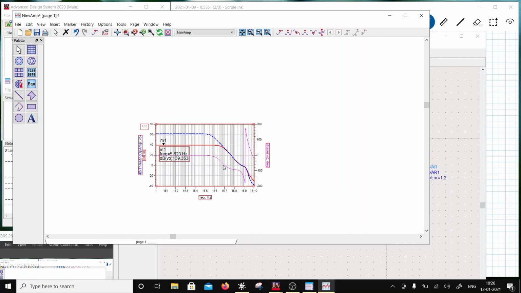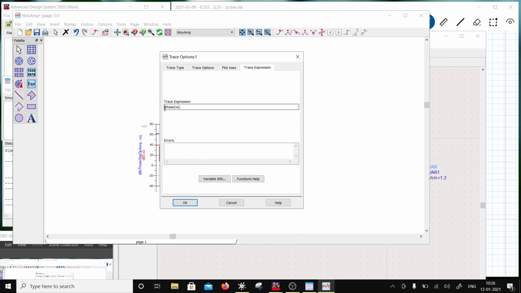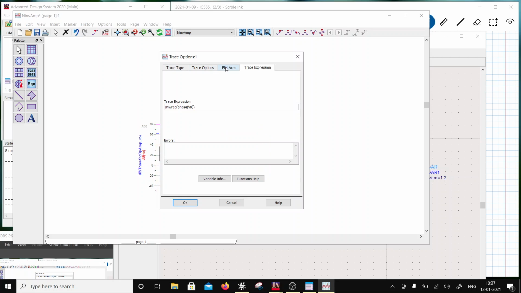Okay, and I have to put an unwrap on this because there is a rollover, so I'll put here unwrap, and that's it. I'll change the color of this to be green so that you can easily see it.